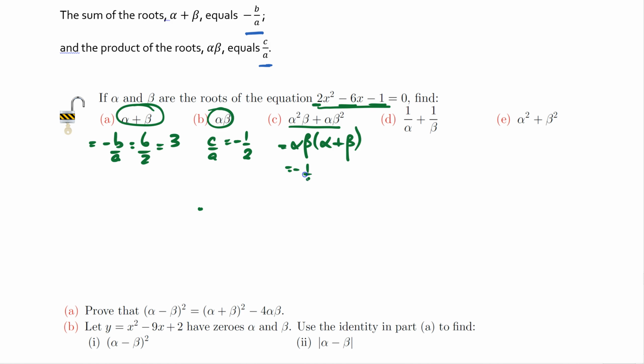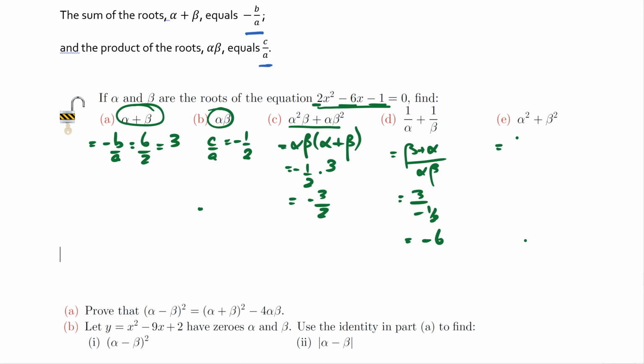So alpha beta is minus a half, alpha plus beta is 3, so we've got minus 3 on 2 as this expression here. 1 on alpha plus 1 on beta, your algebra instincts say get a common denominator, so we get that, and we know that that is then going to be 3 over minus a half, which will become minus 6.